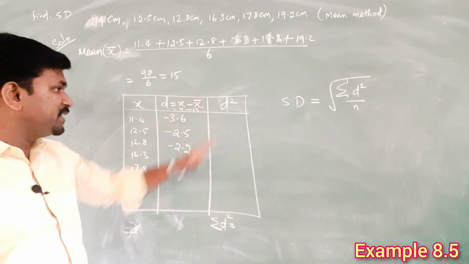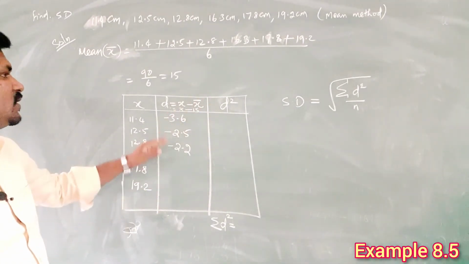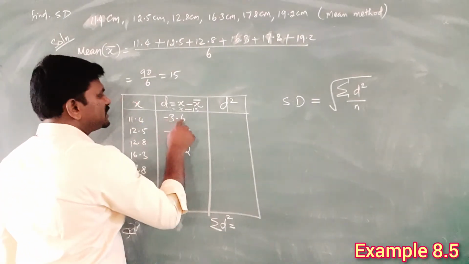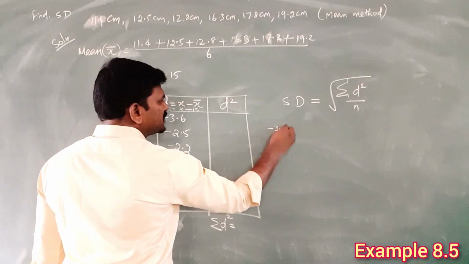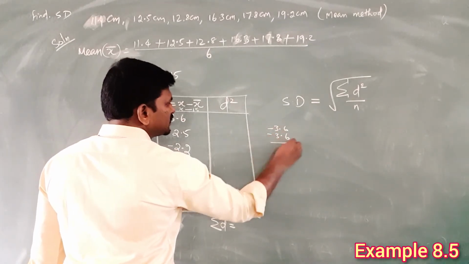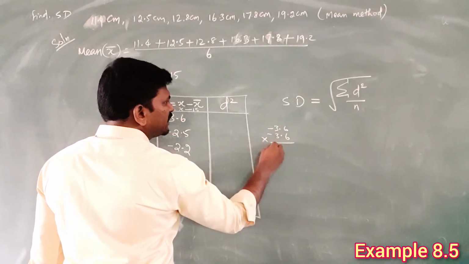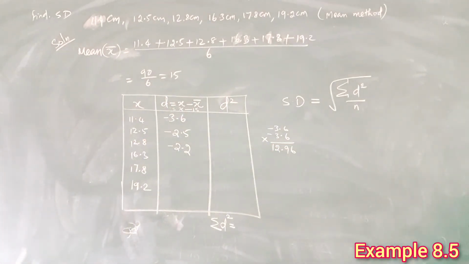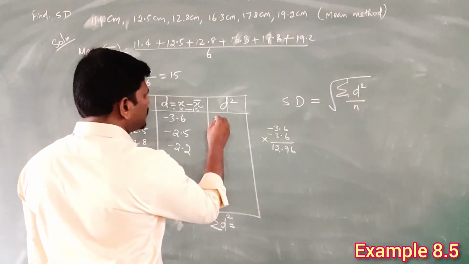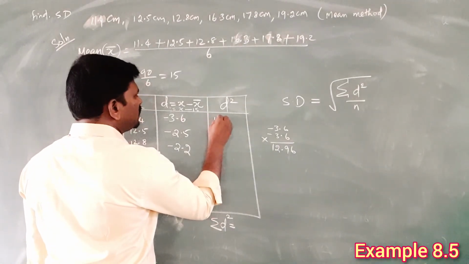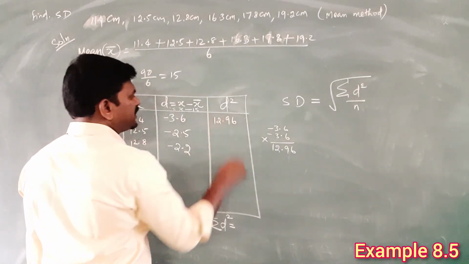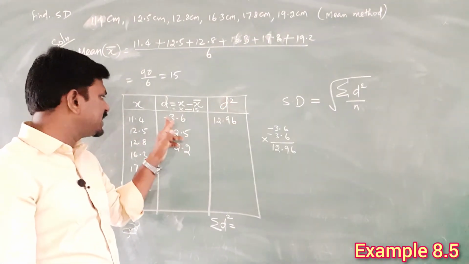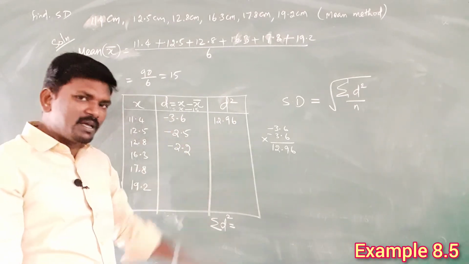Then we have to find the d square. Minus 3.6 whole square, if we multiply, we will get 12.96. Whether it is minus or plus, the square of a negative or positive number will always be positive.